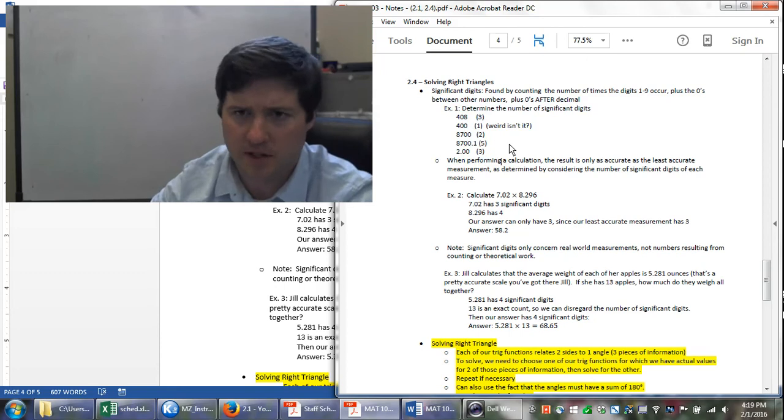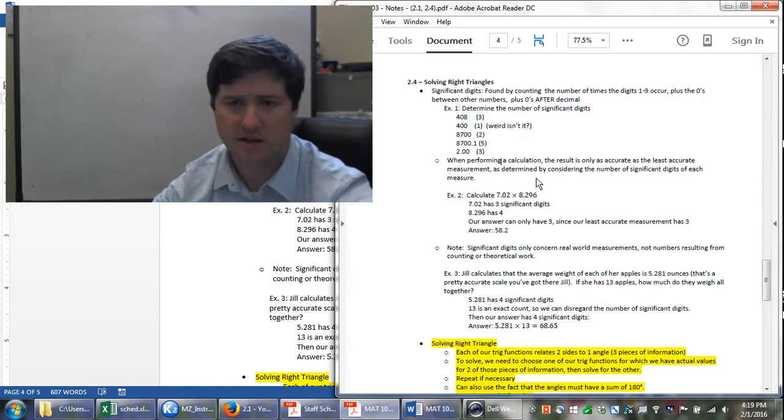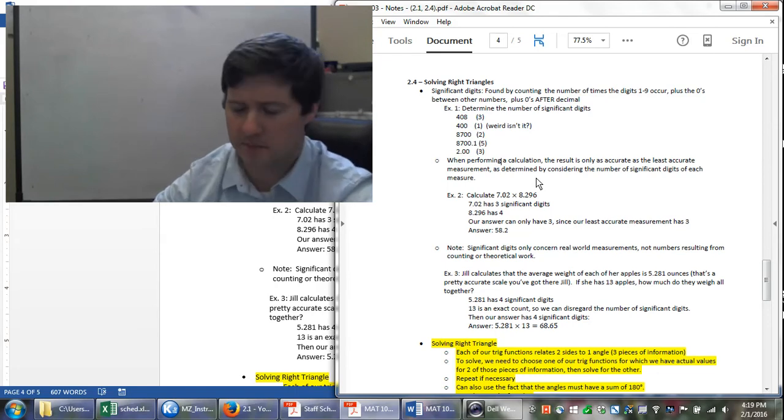Before we actually get into it, though, just a word about significant digits. These are a way of measuring or judging the accuracy of a measurement, and they only apply to a measurement.